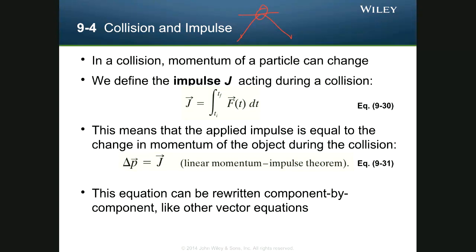So we're defining J. I'm going to clear this object here. We're defining J as equal to delta P. But if we start with Newton's second law, we can see that dP will equal F dt, and this implies that delta P will be equal to the integral of F dt.